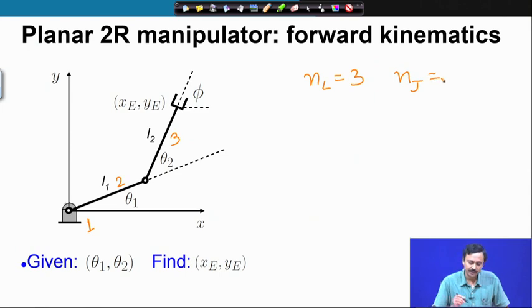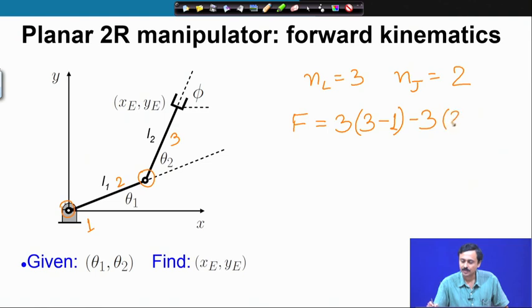Number of kinematic pairs, you have 1, 2. So, therefore, degree of freedom is equal to 3 times number of links minus 1 minus 3 times number of joints plus summation of degree of freedom of individual joints. So, we will directly write it.